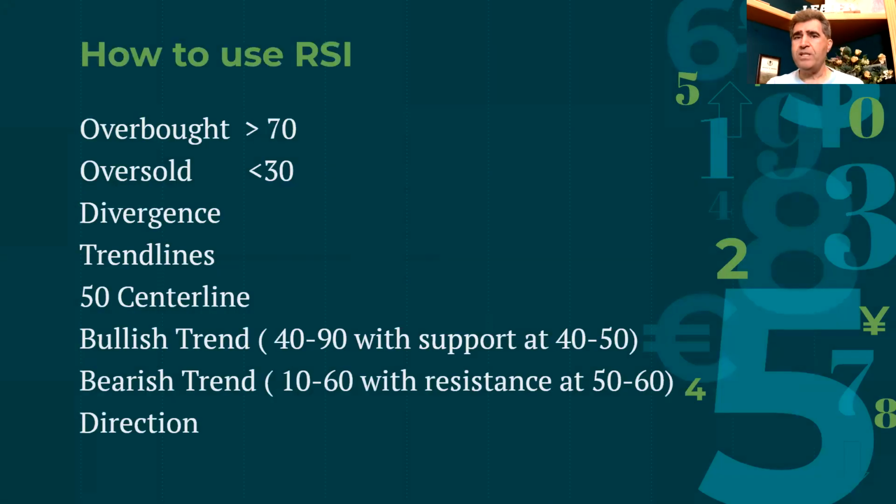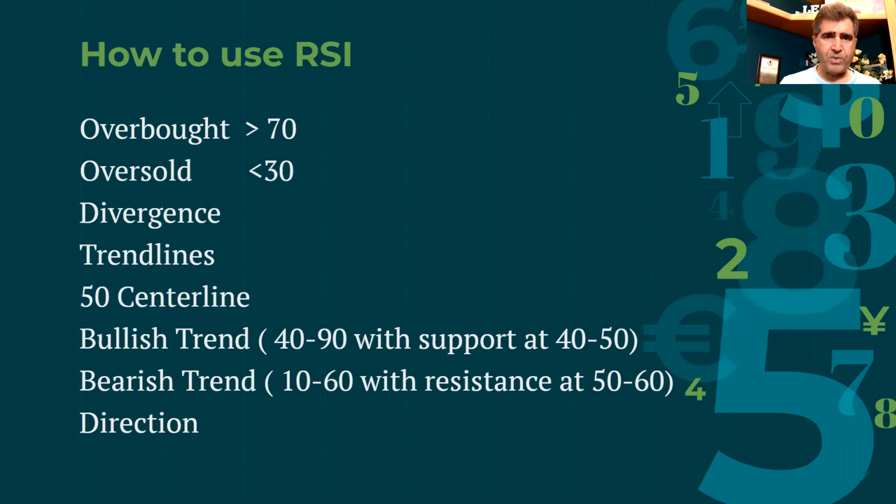So how do we use these RSIs? These are some of my criteria, which later we will look at on the charts, so hopefully it will be easier to understand. Number one, Wilder found that when a stock is over 70, it's overbought. That doesn't mean you have to short it or sell it.